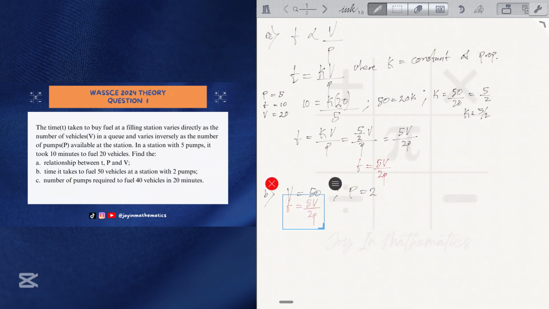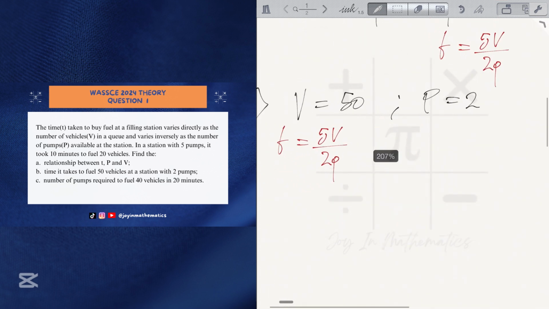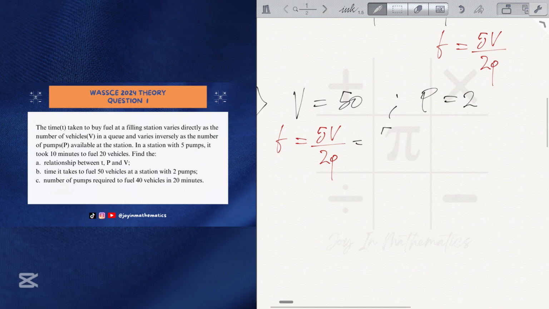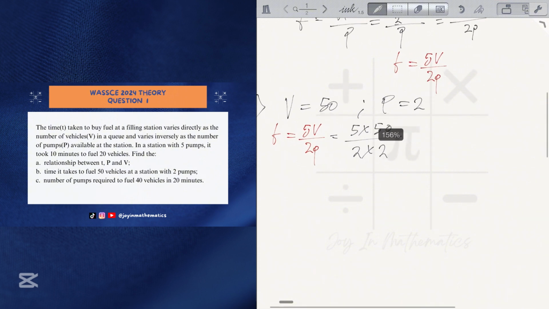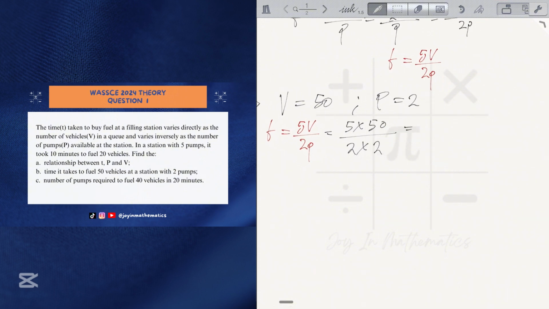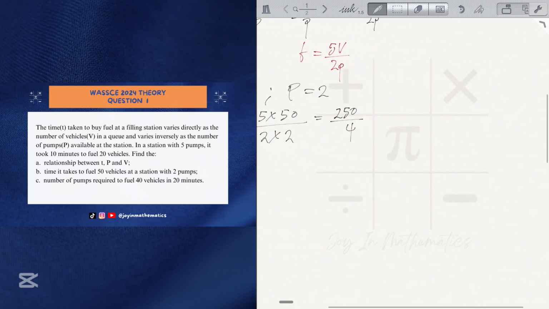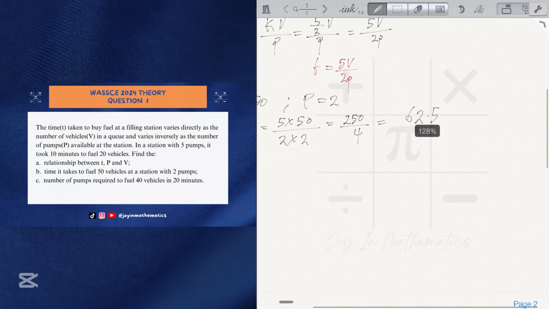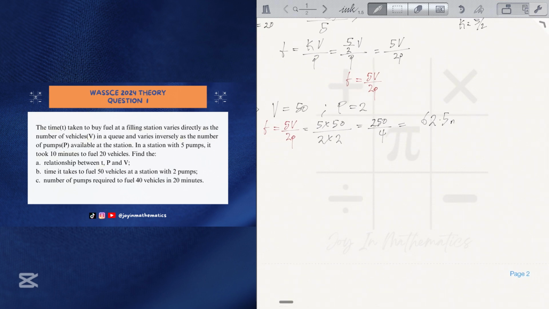So if we duplicate this, all we have to do is substitute our values. So that's 5 multiplied by 50, over 2 multiplied by P, which is equal to 2. So with this, we'll have 250 divided by 4. Simplifying this further, this will result in 62.5, and the unit of time, as given in the question, is minutes.